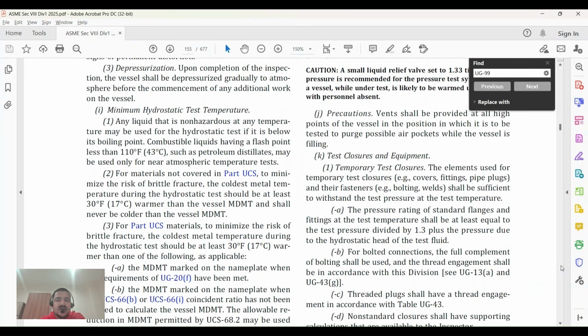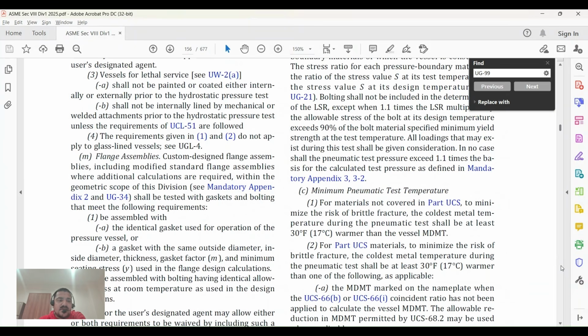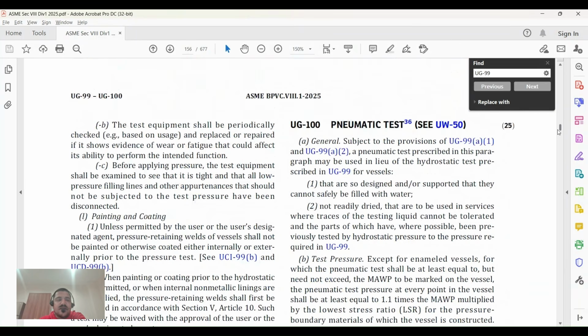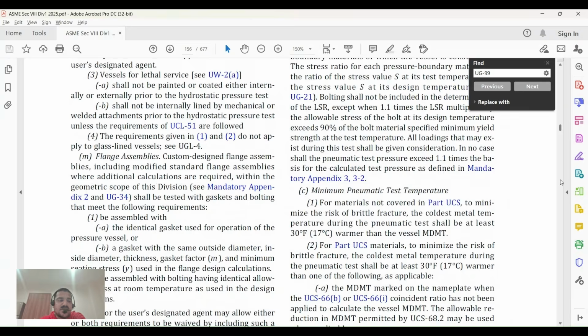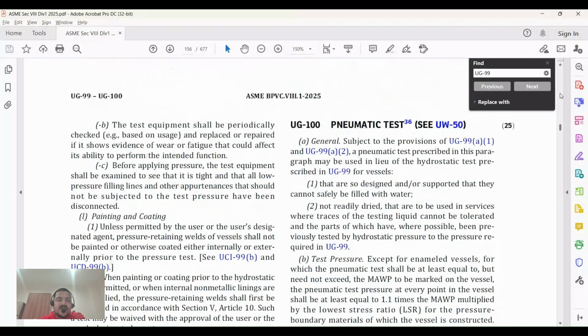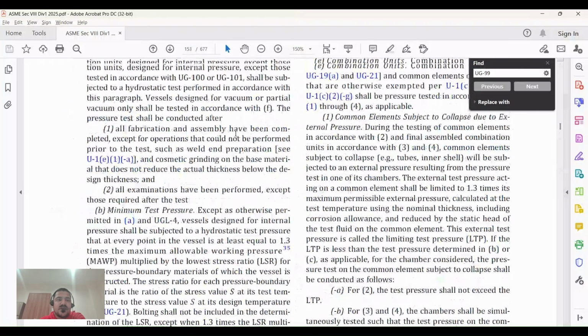I think it is up to M, which is flange assembly. Let's just focus on UG 99 requirements.